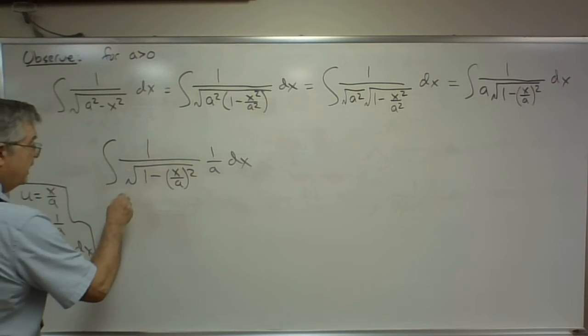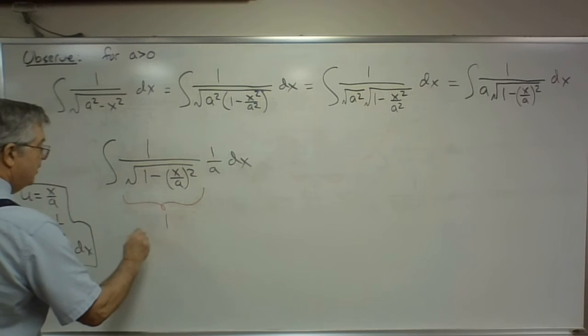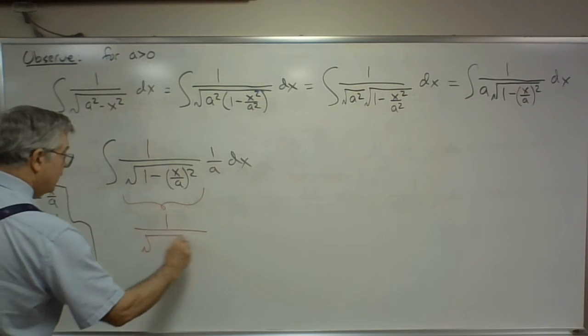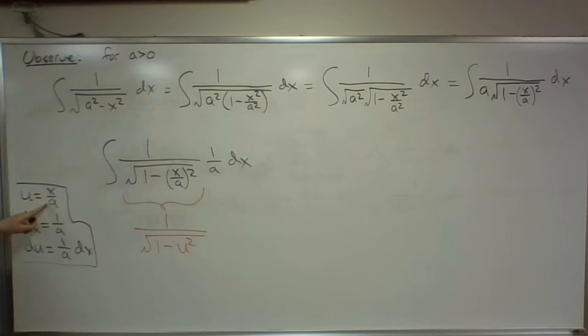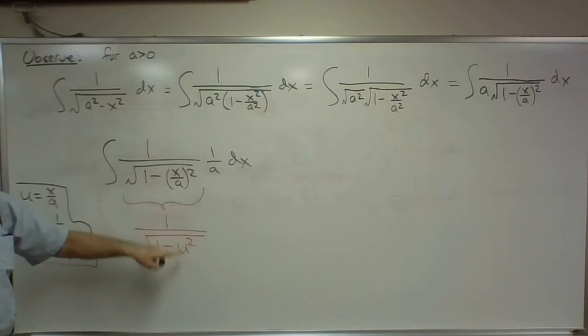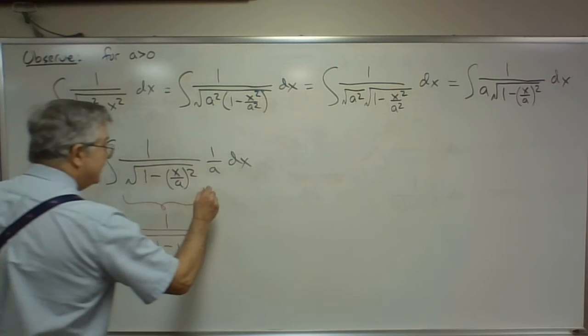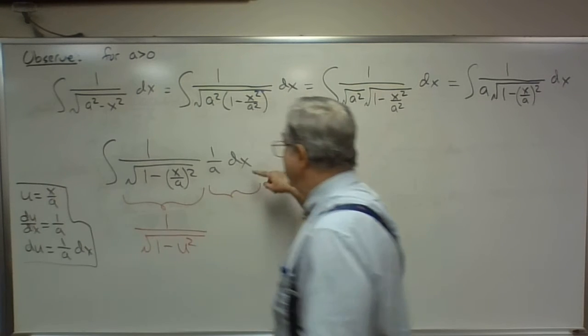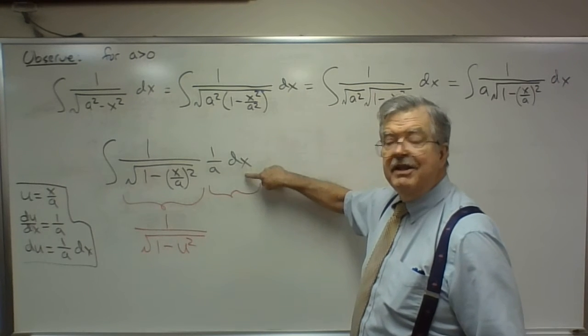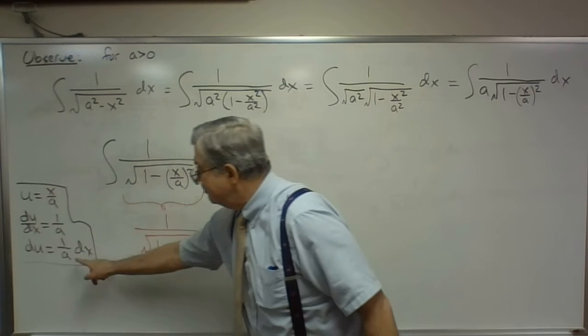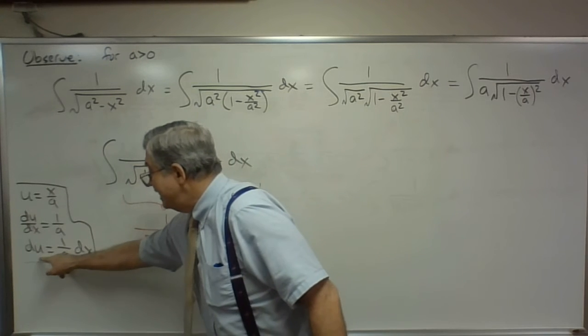And here's what I have. X over a is u. So x over a squared is u squared. And this 1 over a dx, that's du.